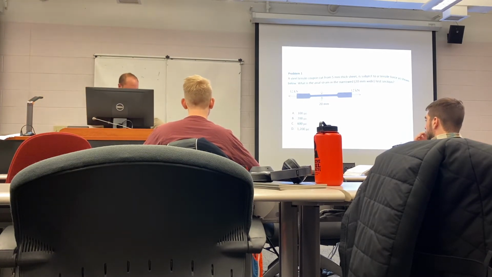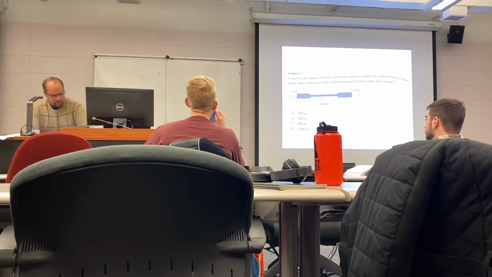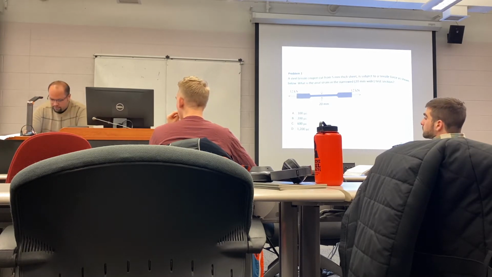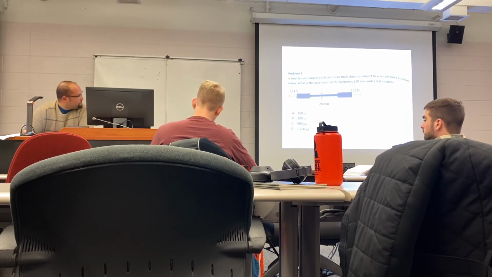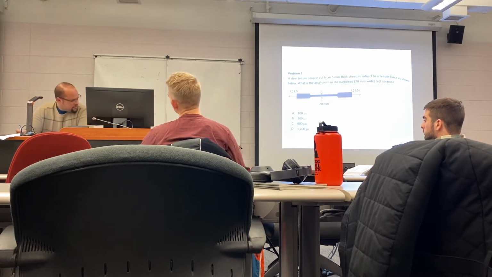So if you look into this, your area is 20 times 5, 100 millimeters square. Your sigma is P over A, which is 12,000 newtons over 100, so it's 120 megapascal.